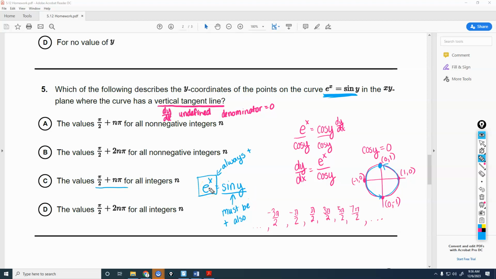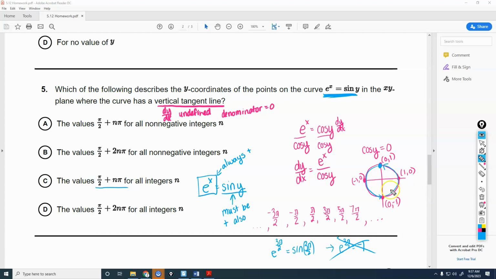So if I plug in 3 pi over 2, I get e to the 3 pi over 2, which I don't know what that is, but I know it's positive, equals sine of 3 pi over 2, which is negative 1. Can that be true? No, so it's not on the curve.